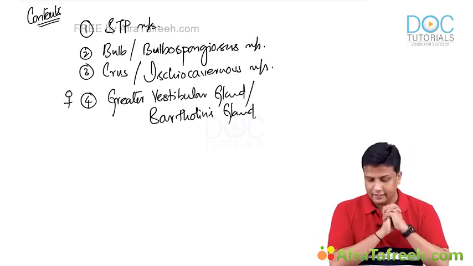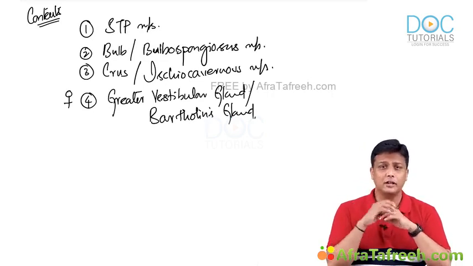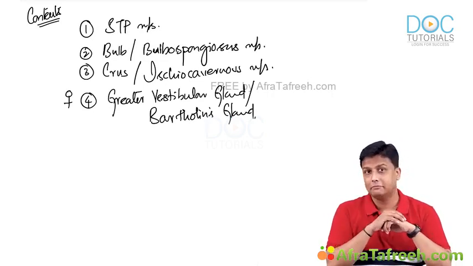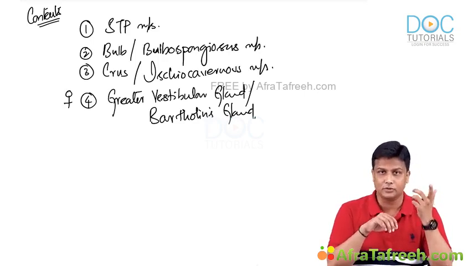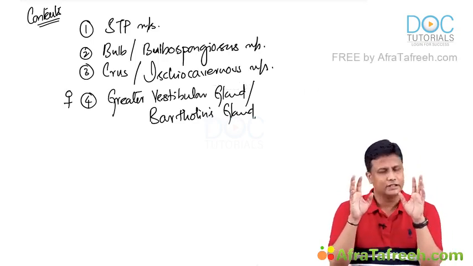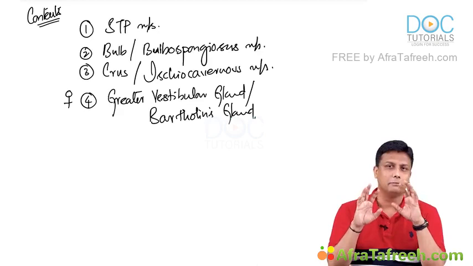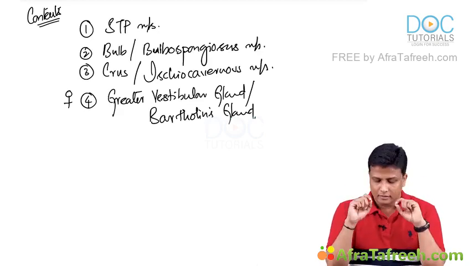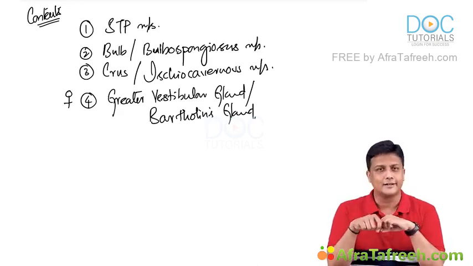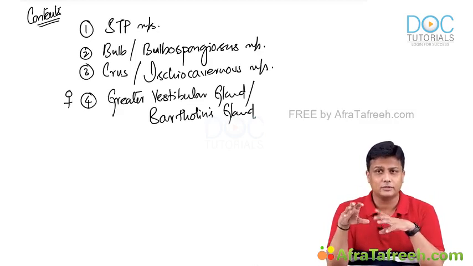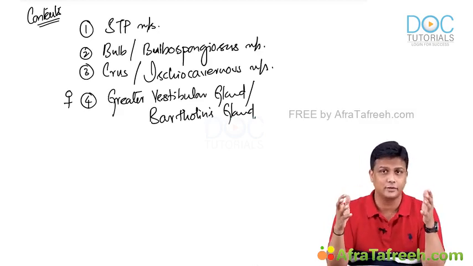So the Bartholin's gland in the female is present in the superficial perineal pouch, whereas the Cowper's gland in the male will be present in the deep perineal pouch. Keep that point in mind. Now these are the contents which I want my students to remember. You don't have to worry about all the contents, guys. If you see the same topic in your textbooks, you will actually go mad. There are so many contents given over there.